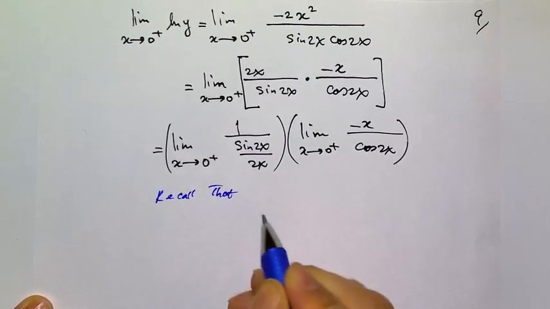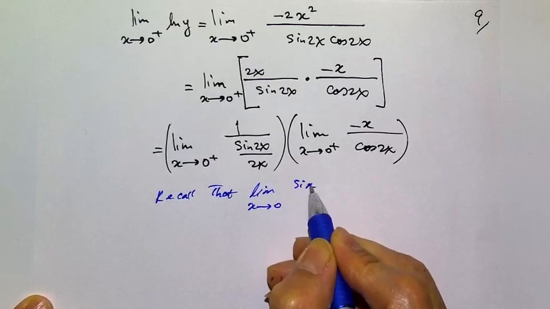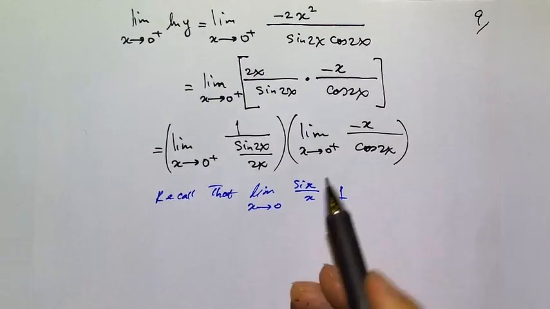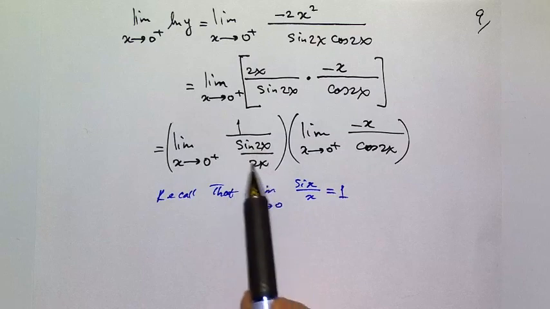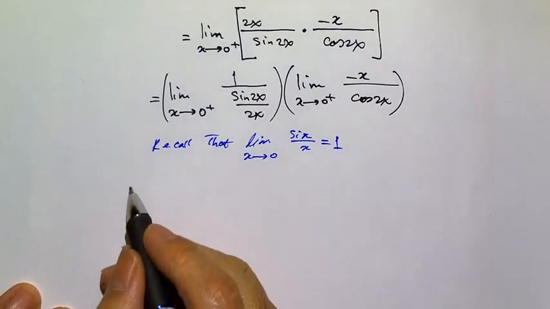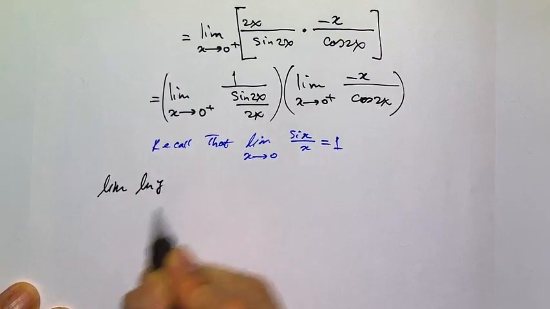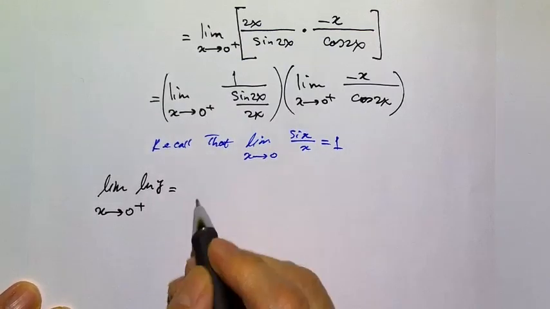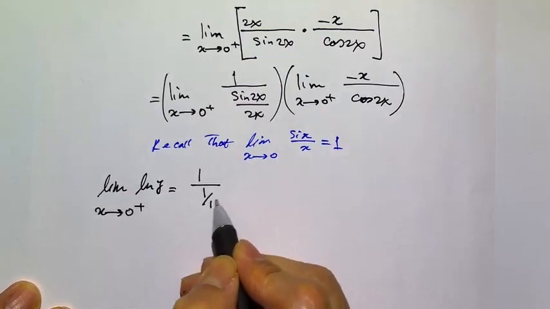And then recall that the limit as x goes to 0 of sine of x over x equals 1. Remember that? So if we apply the limit, we get 1. So on the left, we still have the limit of natural log of y as x goes to 0 from the right is equal to 1 over 1.